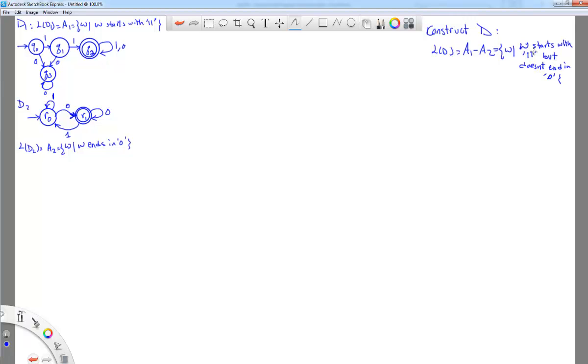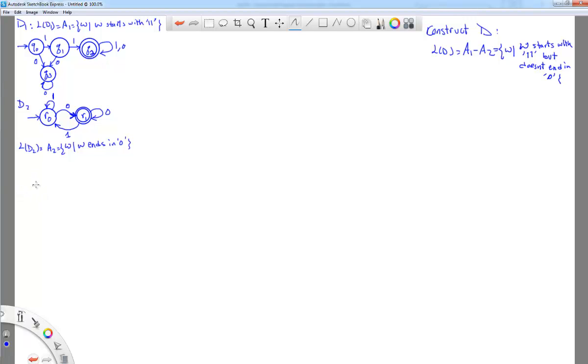So the proof is going to be, again, a 3-step. So we already have D sub 1, we already have D sub 2. Based on D sub 2, we construct the machine that recognizes the complement of D sub 2, and then based on our construction mechanism for the intersection, we build a machine that recognizes the intersection of A sub 1 and A sub 2 complement.